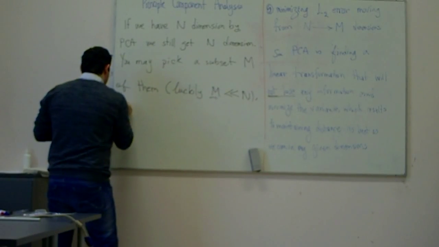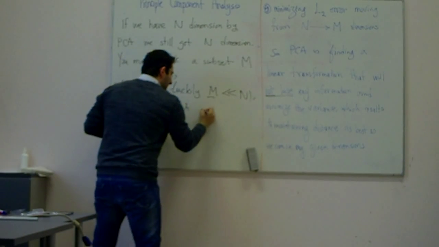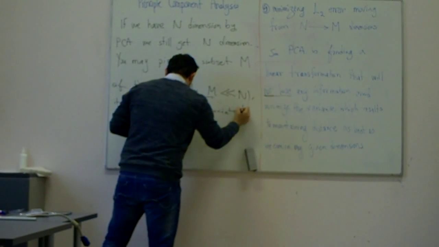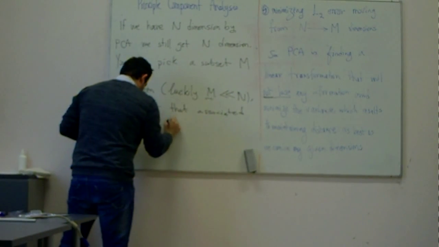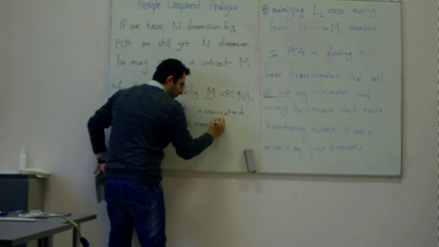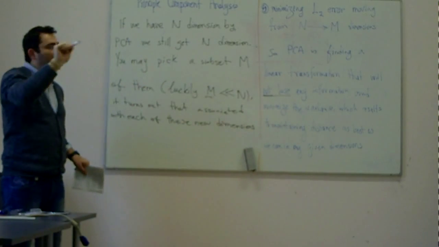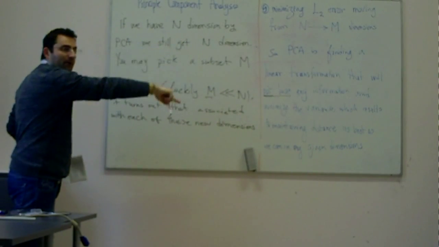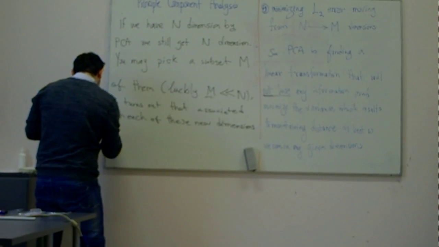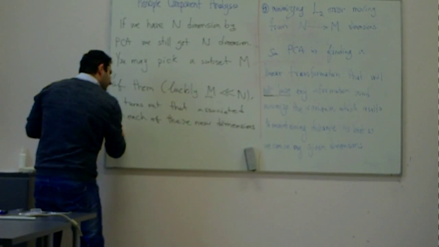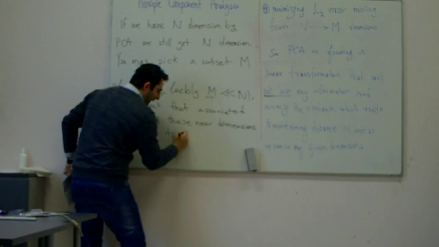It turns out that associated with each of these new dimensions, so for each of the two dimensions that we have in our example, each dimension gets its eigenvalue.